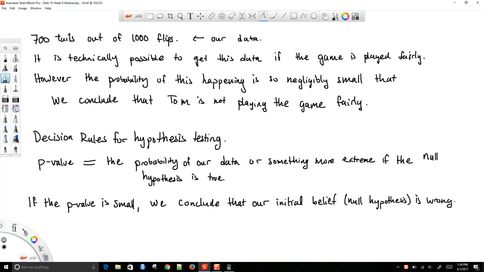In our case, our null hypothesis, our initial belief, is that Tom is playing the game fairly. Because the probability of getting our data was so small, we concluded that initial belief is wrong. On the other hand, if the p-value is large, we will not reject the null hypothesis.